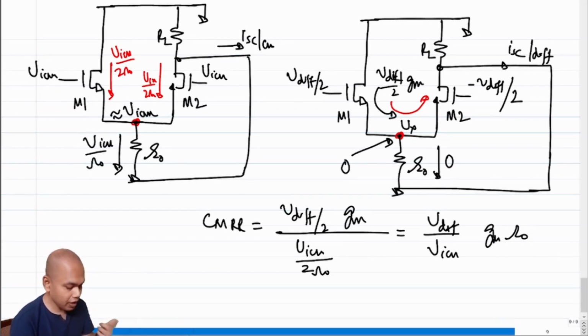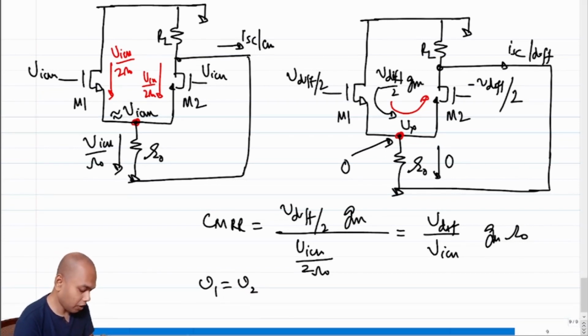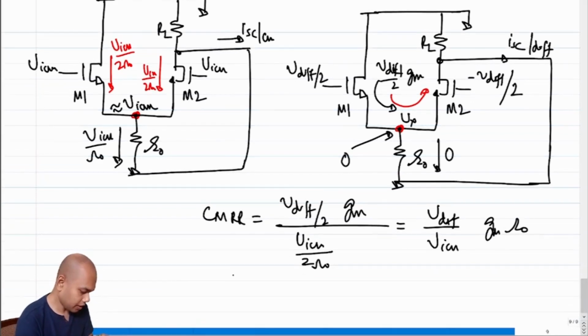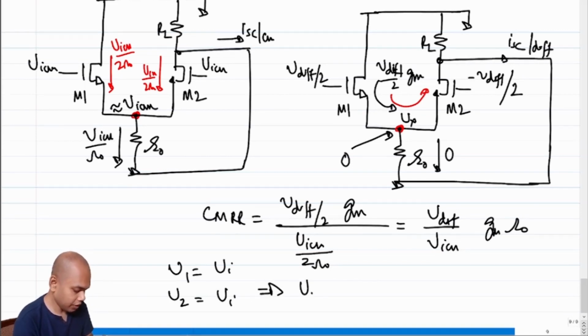And if V1 is equal to V2, let's say V1 is equal to Vi and V2 is equal to Vi, then VICM is Vi.